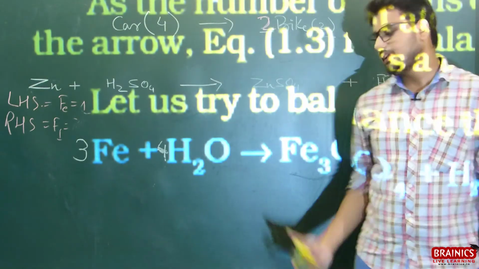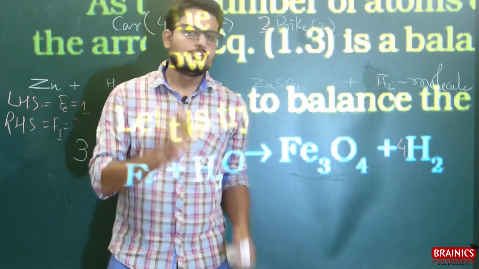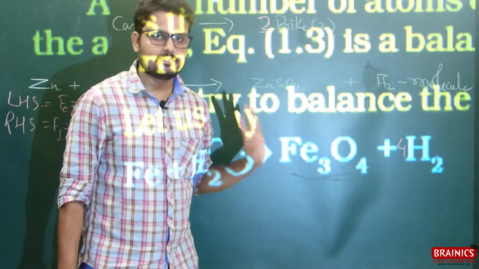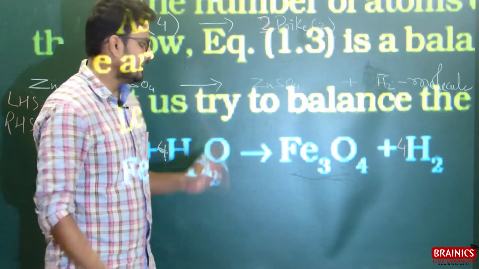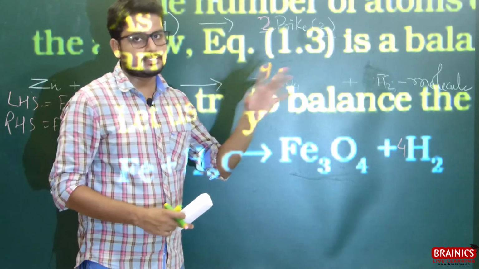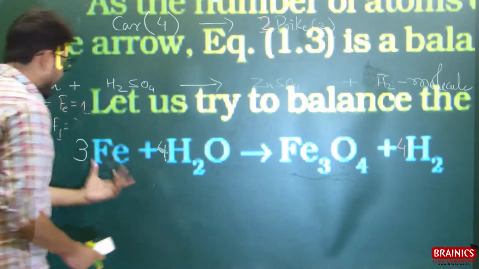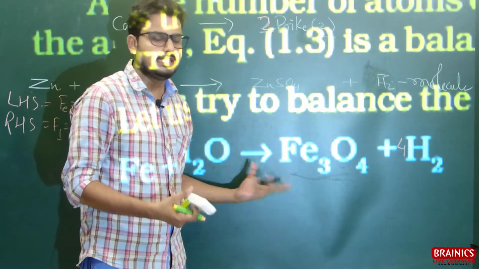So what we are doing: first of all, we see each and every element from LHS to RHS. Then we see the big compound. If it is already balanced, we don't need to look at it.